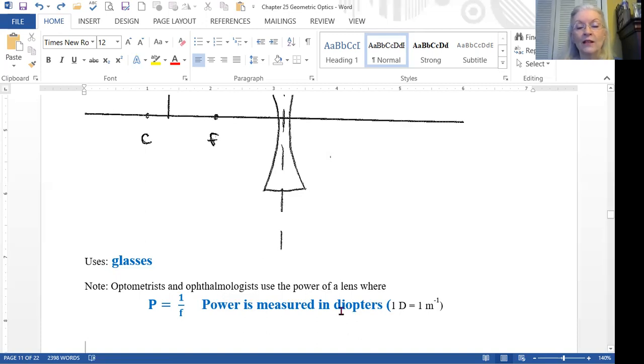Power is measured in diopters. 1 diopter is equal to 1 meter to the minus 1. So if you had a focal length of 2 meters, 1 divided by 2 would be 0.5. So your power would be 0.5 diopters.